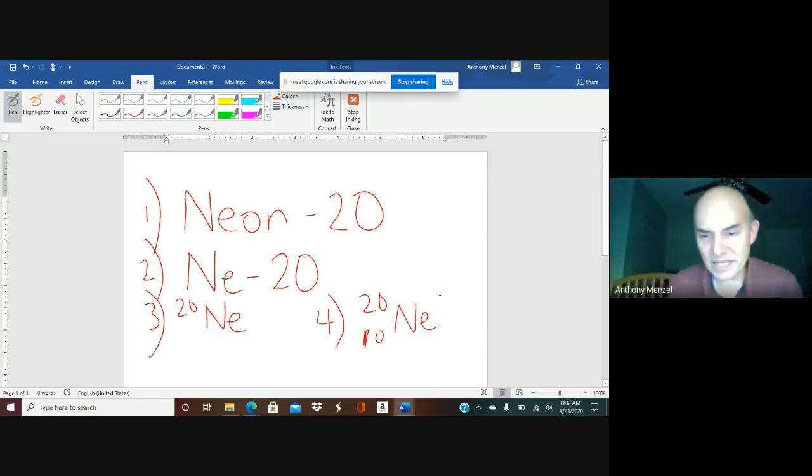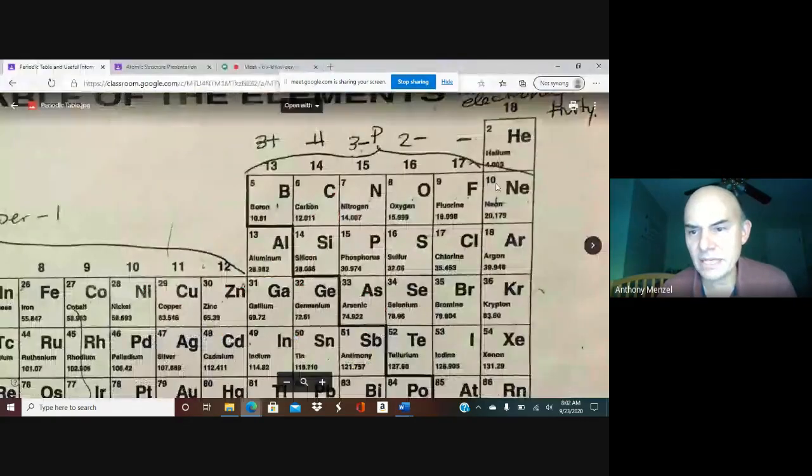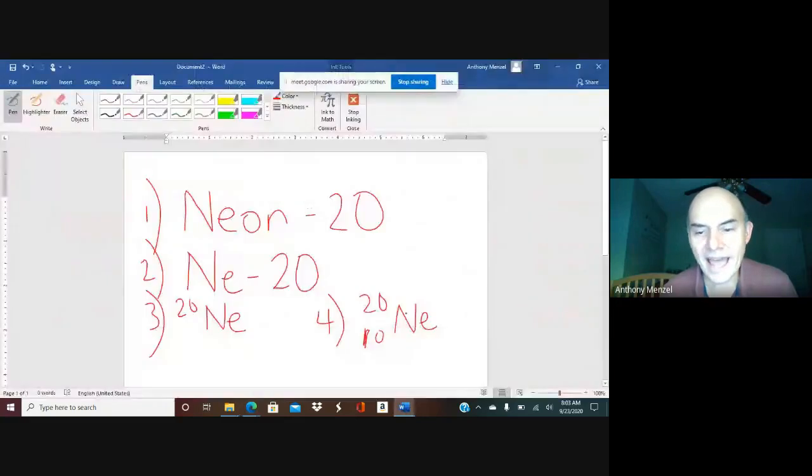So this is a bit confusing because if you look at your periodic table, we have the atomic number on the top and the atomic mass on the bottom. Here in our isotope notation, we have the atomic number on the bottom and the mass of the isotope on the top. It's just a convention in chemistry to write isotope masses that way, which is the reverse of what you see on the periodic table.